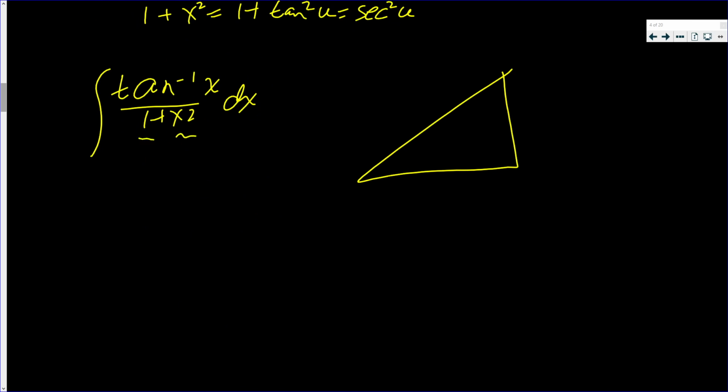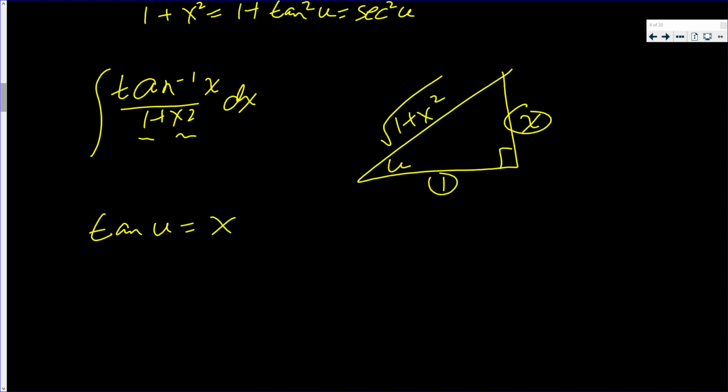Since the 1 and the x squared both have a plus in front of them, the whole thing under the radical goes on the hypotenuse, and the square root of x squared goes on one leg, the square root of 1 goes on the other leg. And the tangent of u will just be x over 1, or x. Well, that's good because that helps me find dx. Secant squared u du is dx.